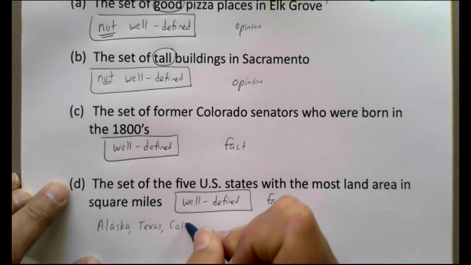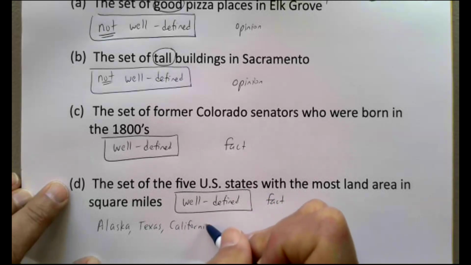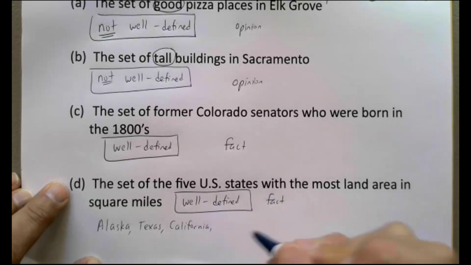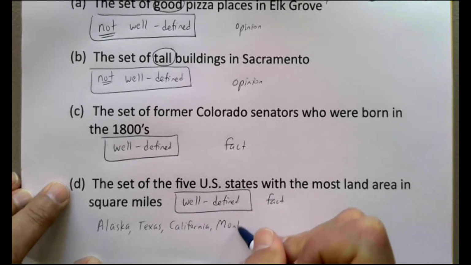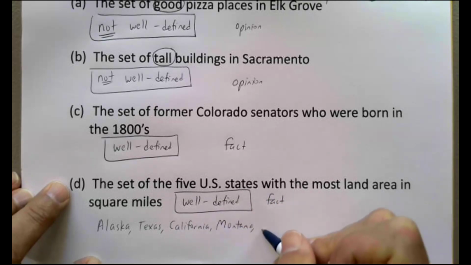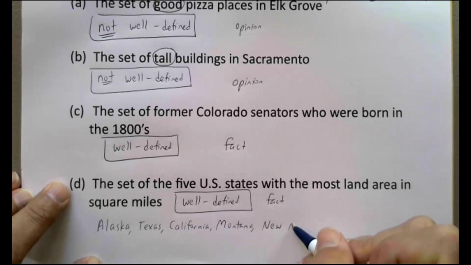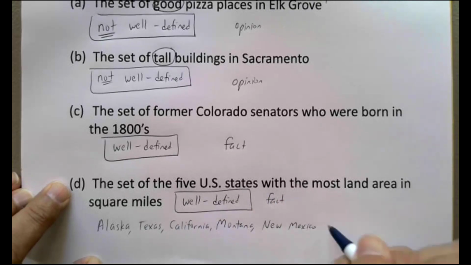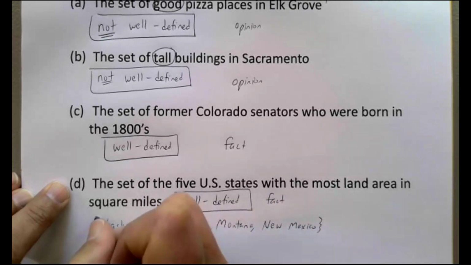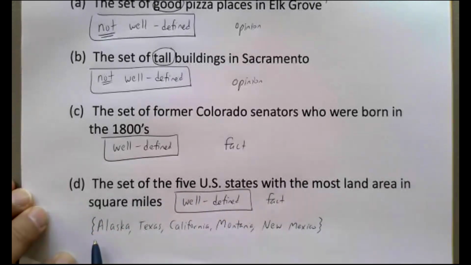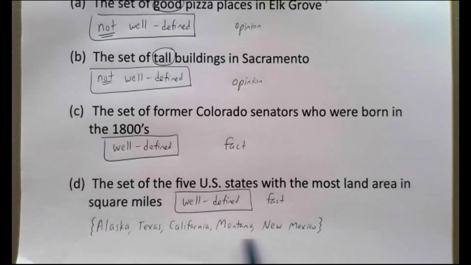California is next. Montana, and then finally New Mexico. So this is actually the set that we are talking about. And there's no arguing that. There's no arguing that. It's just facts.